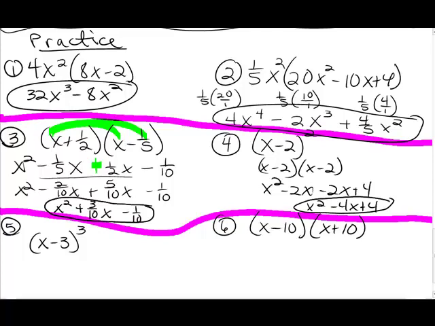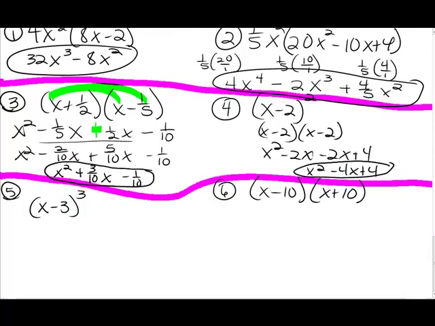Before I move on, because I'm going to have to scoot this down to give me enough space to write. Remember, I've got to write it 3 times. FOIL this.